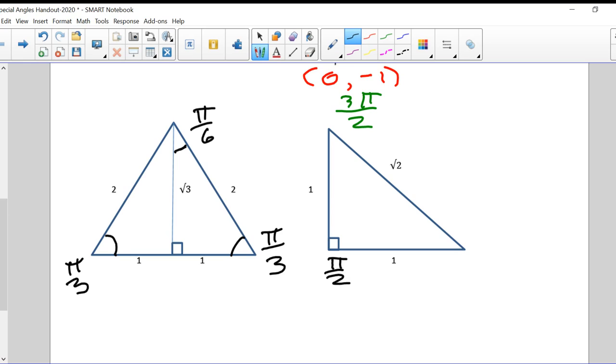The rest of this triangle has to be split between these 2 equal angles. This is an isosceles triangle. It's not an equilateral, it's an isosceles triangle. So a half of that full 180 degrees or full pi radians is in this right angle. The rest has to be distributed equally between both of these two angles.